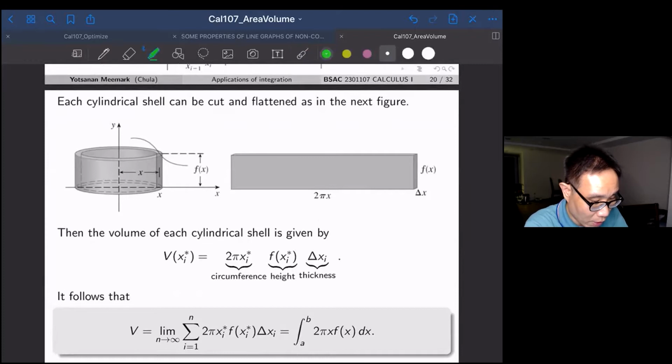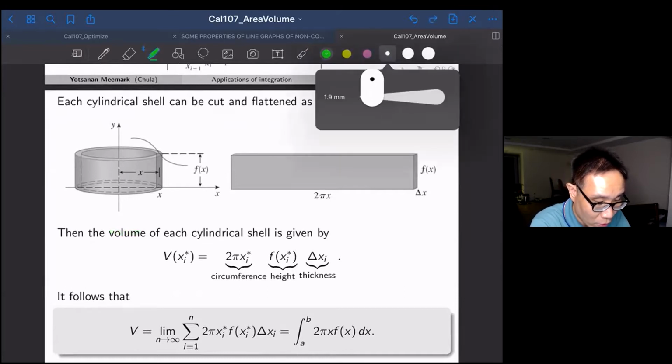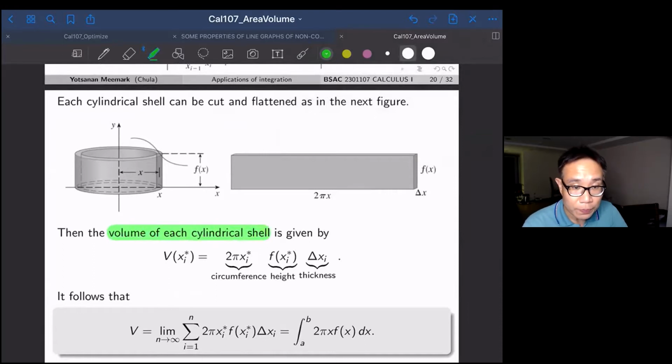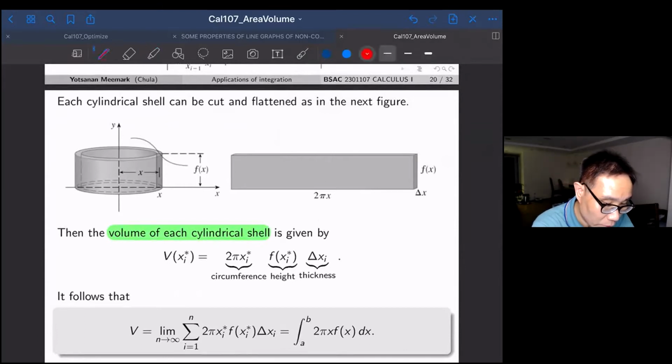The thing that we are computing here is the volume of each cylindrical shell. The volume of each cylindrical shell turns out to be the circumference times the height times the thickness. So here is the circumference.